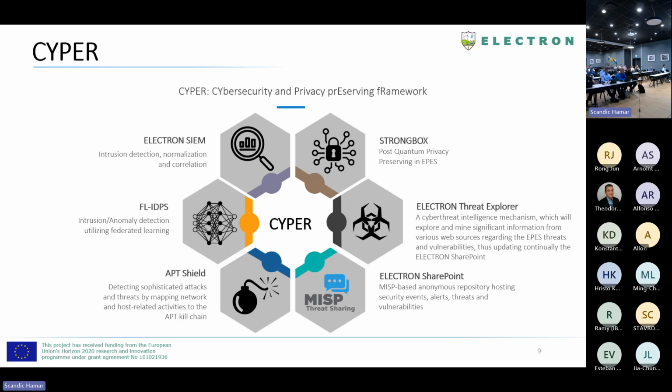First of all, FLIDPS, APT Shield, Strongbox, and other detectors like LADS are organized through a CM system called ELECTRON CM, and these detectors send security events to the ELECTRON CM, which is responsible for normalizing their format and correlating these security events with each other in order to compose security alerts.